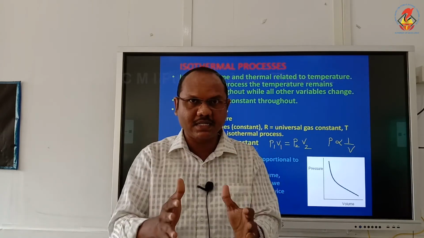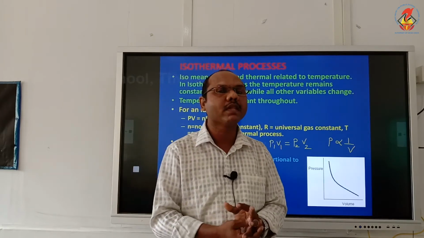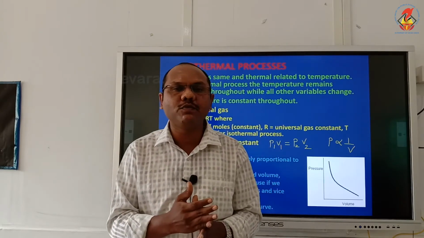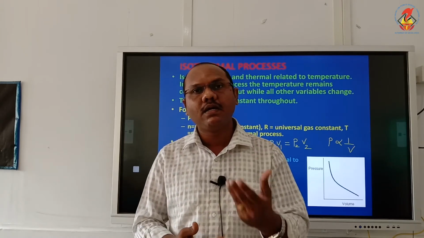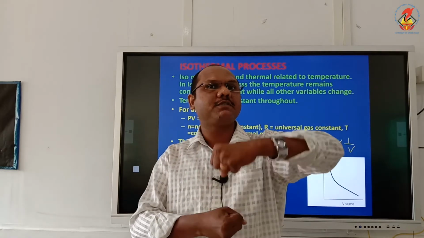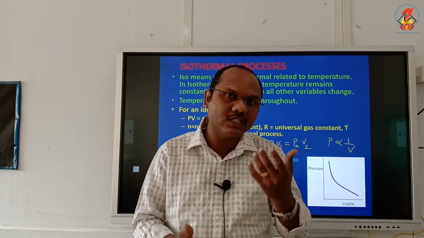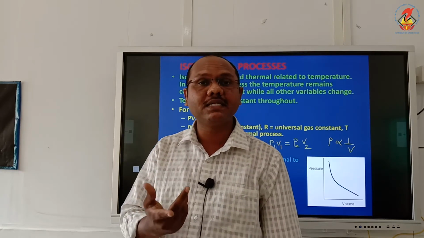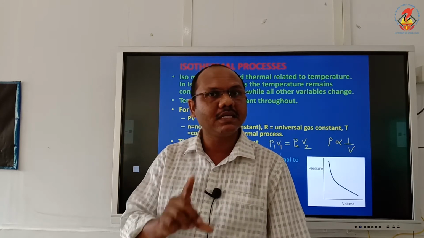System means there is a cylinder filled with gas and a piston. So, heat has to be given out to the surroundings. Now, if I am pushing the piston upwards, then the gas will expand. When the gas expands, it cools down.